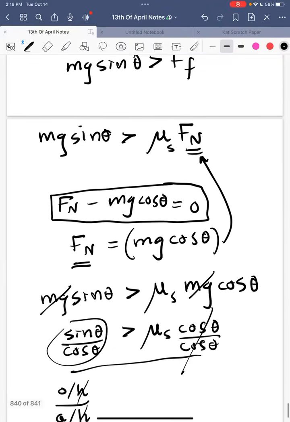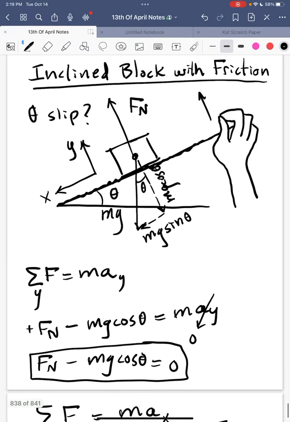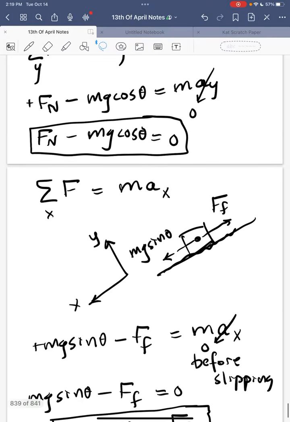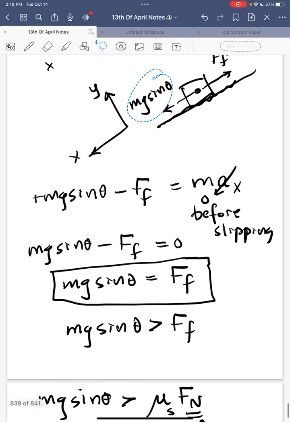So just to review this very quickly, what we have is the block on an inclined plane, and we resolve it into the following forces. We resolve the weight into an mg sine theta going down the plane, and mg cosine theta opposing the normal force. We set up an equation in y, looking at normal force and mg cosine. We look at this going in x, mg sine theta, and when it's being opposed by friction, we can set up an equation relating the force of friction to mg sine theta.